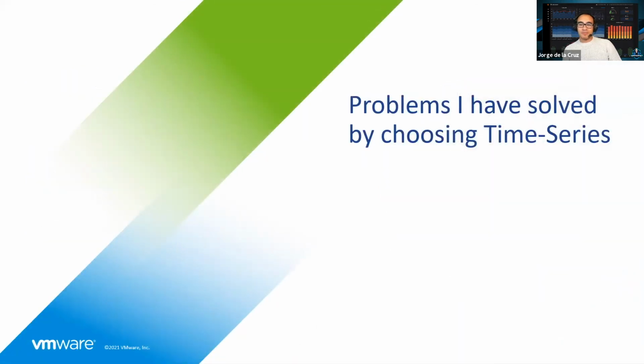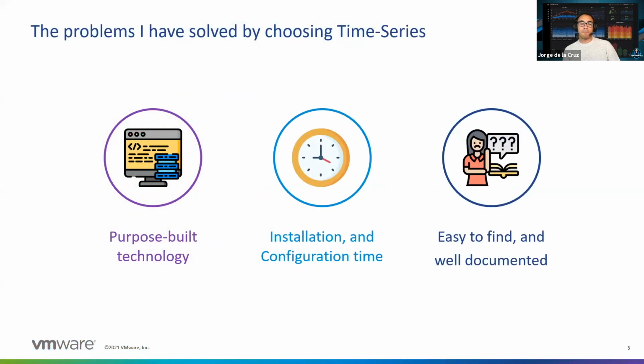So the problems I have solved by choosing time series. Let's start over here. The first problem I solved by choosing time series: I just wanted a purpose-built technology for storing all the metrics that I wanted to have by monitoring VMware.